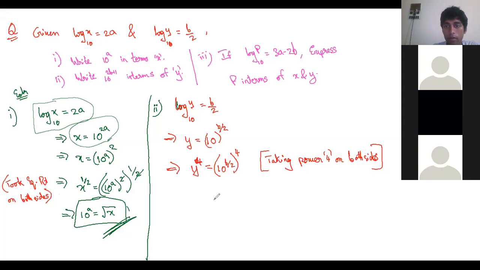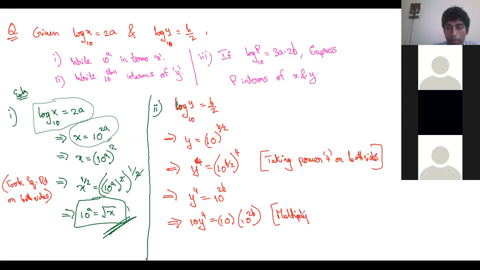From here, y power 4 is equal to 10 to the power 2b. Now we can say that 10 to the power 2b times 10 is 10 to the power 2b, multiplying 10 on both sides.